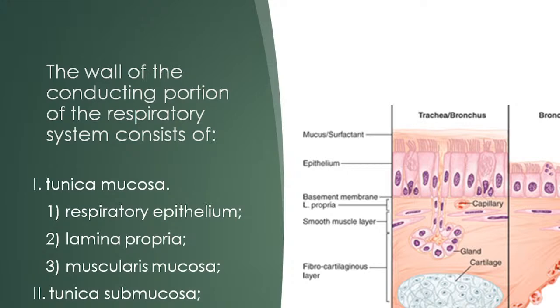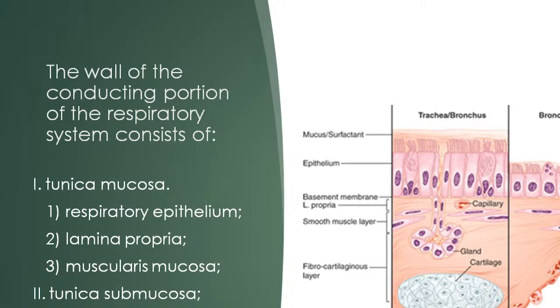In the trachea, it consists of C-shaped, non-closed rings. In large bronchi, it consists of cartilage plates. In middle bronchi, only islands of cartilage. In small bronchi it is absent. In bronchioles it is absent.